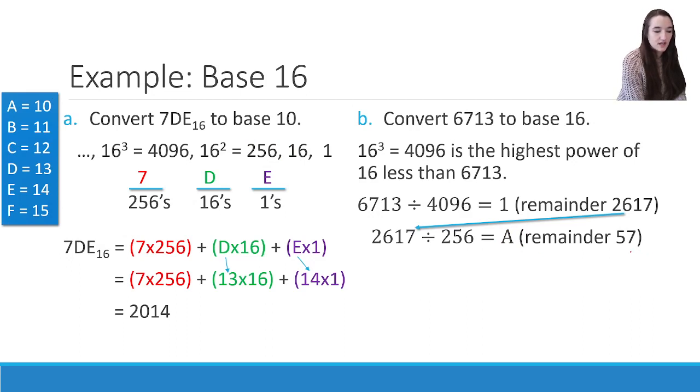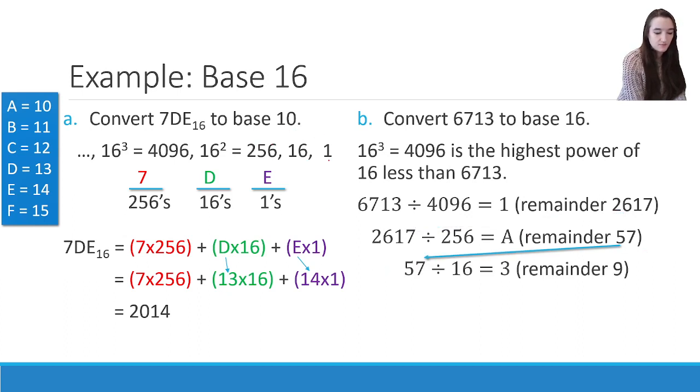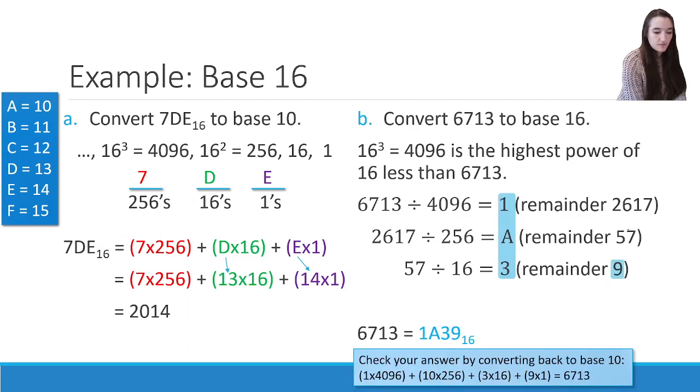Then we take 57 and we repeat the process. So 57 divided by the next position value, which is 16, is going to be 3 with a remainder of 9. Again, we get that remainder by multiplying 16 times 3, which equals 48. Subtract the 48 from 57 to get 9. And now we repeat. 9 divided by 1 is just going to be 9 remainder 0.